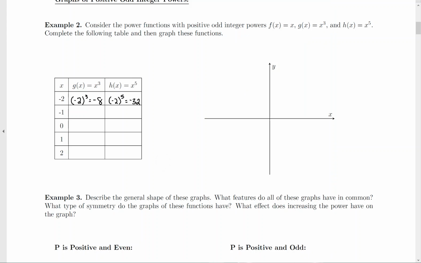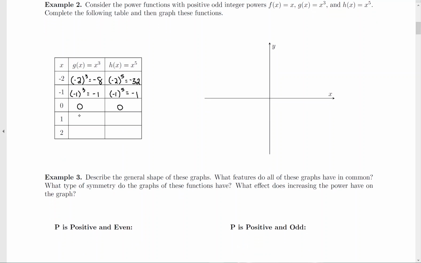as our output. Substitute in the number -1 in parentheses cubed, and we come up with -1. Do the same for -1 raised to the fifth, and you'll also come up with the number -1. Substitute in the number 0. 0 to the third power will be 0 still, and 0 to the fifth power will also be 0. Notice these power functions all have that origin or 0, 0 point in common.